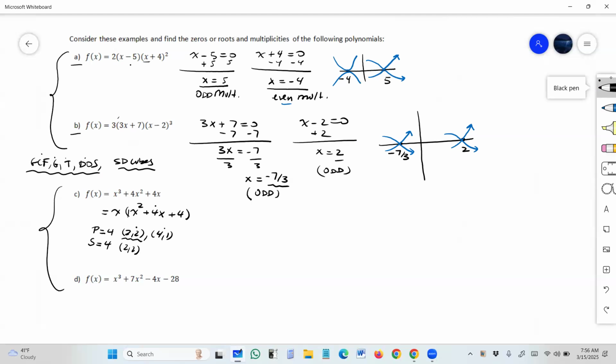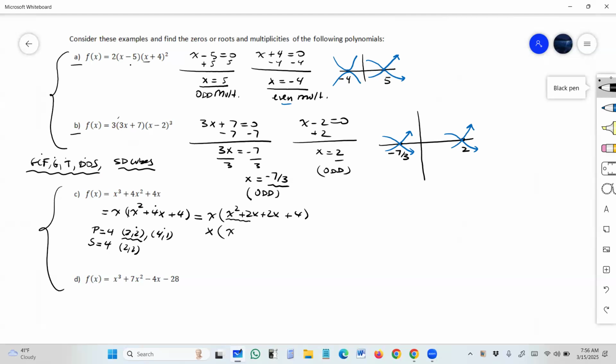So I rewrite the middle term as a sum, 2x plus 2x plus 4. And then I factor the x squared plus 2x plus 2x plus 4 using grouping, which is you factor GCF twice.